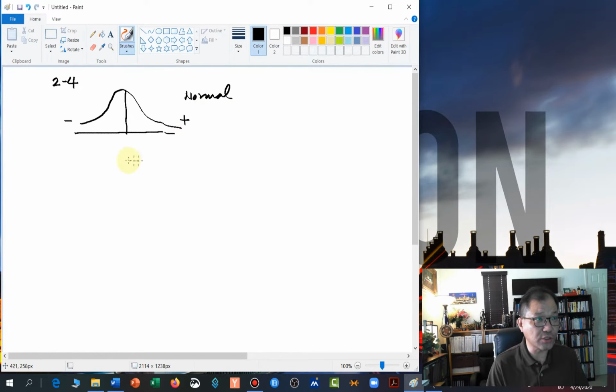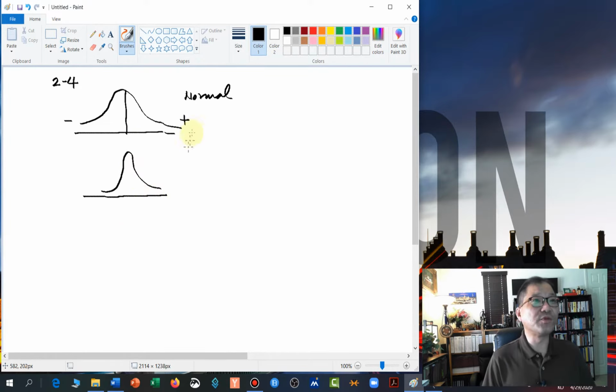However, sometimes you will see a variation of distribution from normal distribution. It looks like a normal curve. However, the middle section is really, really popped out. Right?